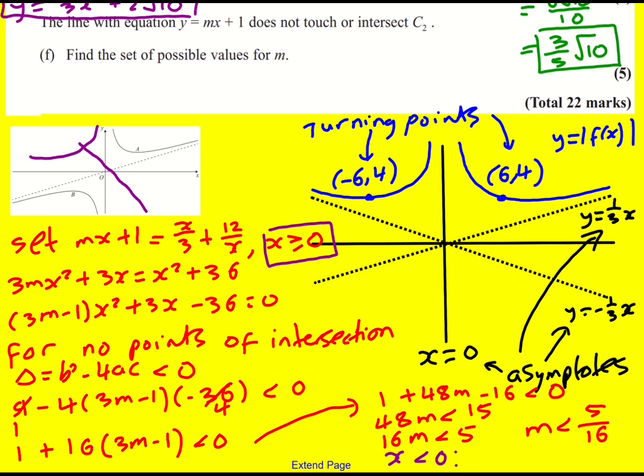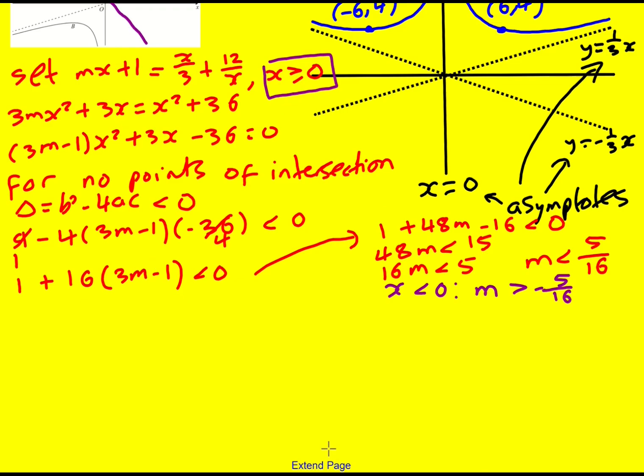I'm not going to do the calculations again, but I can see by symmetry that m is going to be greater than minus 5 over 16. Therefore, overall, for it to work throughout for our equation that's had the modulus applied to it, we've got minus 5 over 16 is less than m, which is less than 5 over 16.